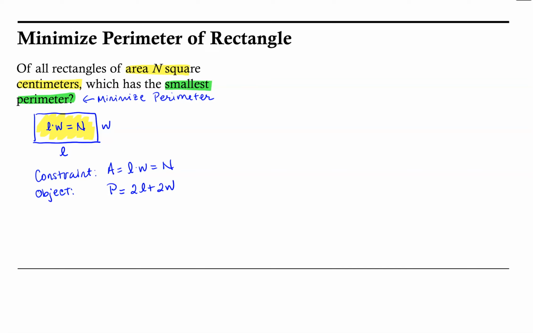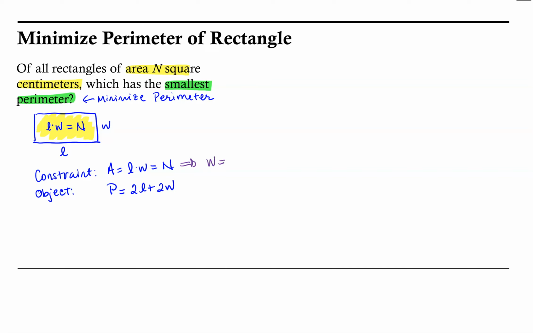And of course, right now, we can see that our perimeter function is a function of two variables. So let's leverage the constraint function to eliminate one of the two variables. It can be either one, it doesn't really matter. So I'm going to replace W in the perimeter function, which means I need to solve for W in the area equation.